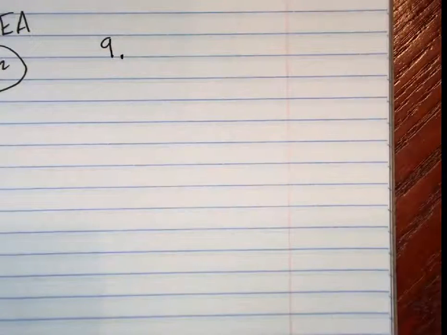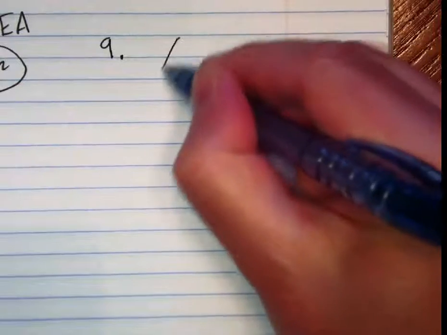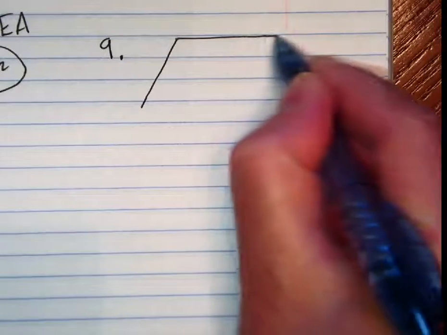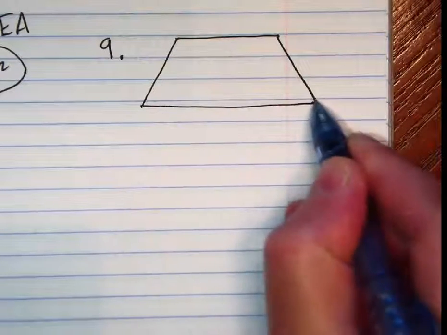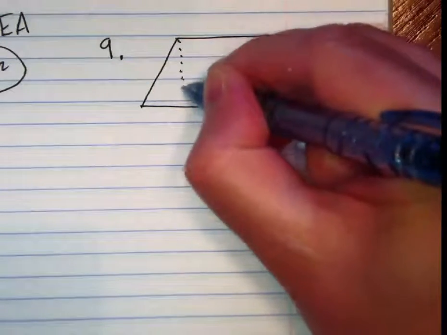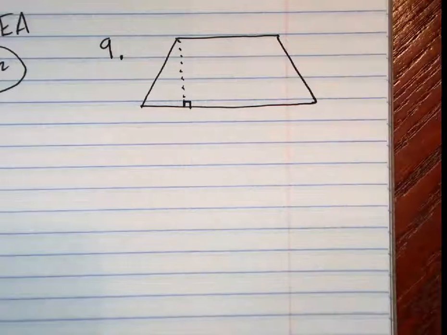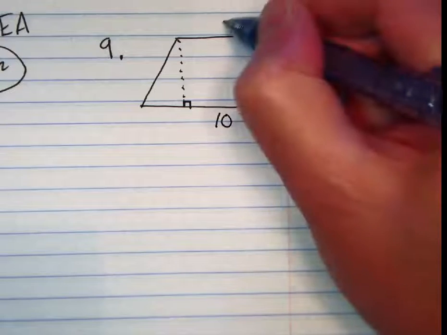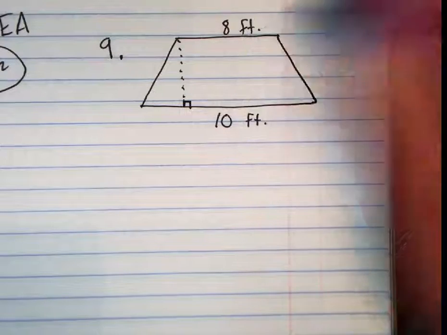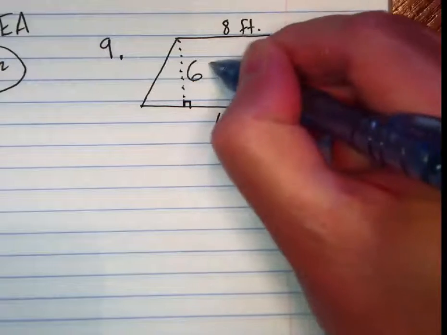Here's number 9. Trapezoid, another area problem. Here's my trapezoid. I'll draw my little dotted line. The bottom number is 10. Let's go feet for this one. Top number is going to be 8. This number coming down is 6, the height.